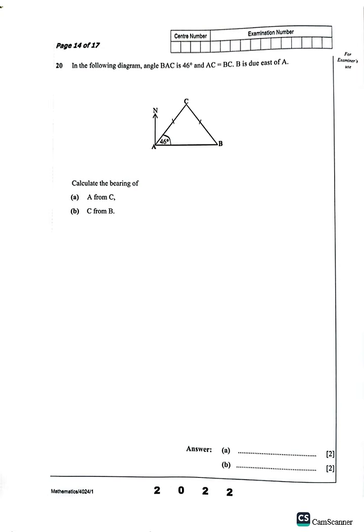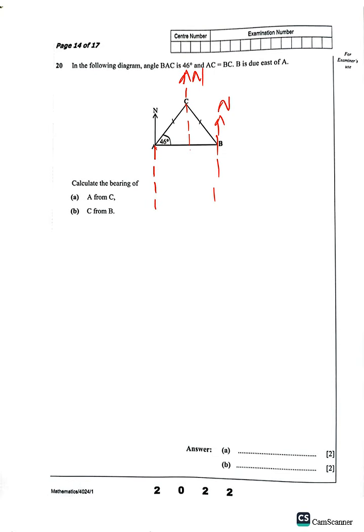So what is our first step whenever we are dealing with bearings? So we extend a line here, also we put a line here. These lines that we have drawn are perpendicular lines to each other.